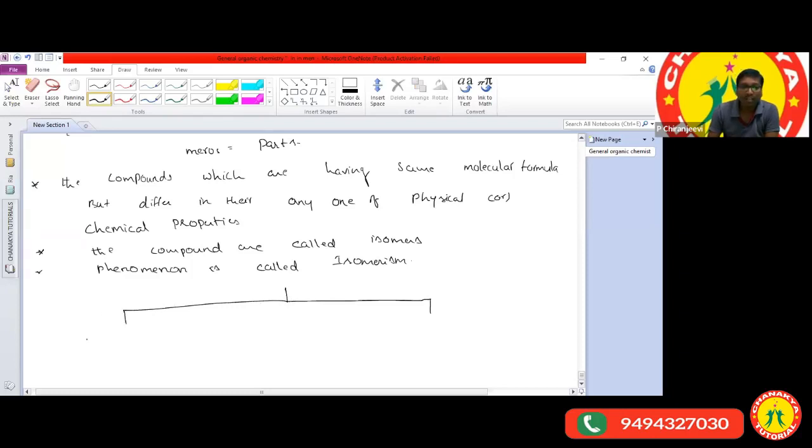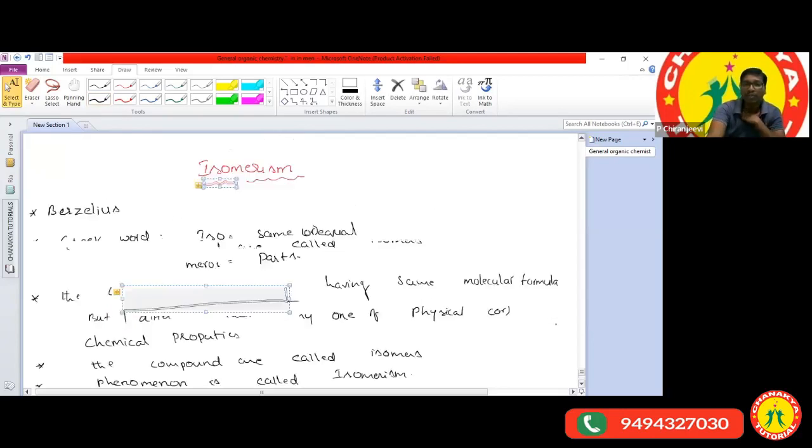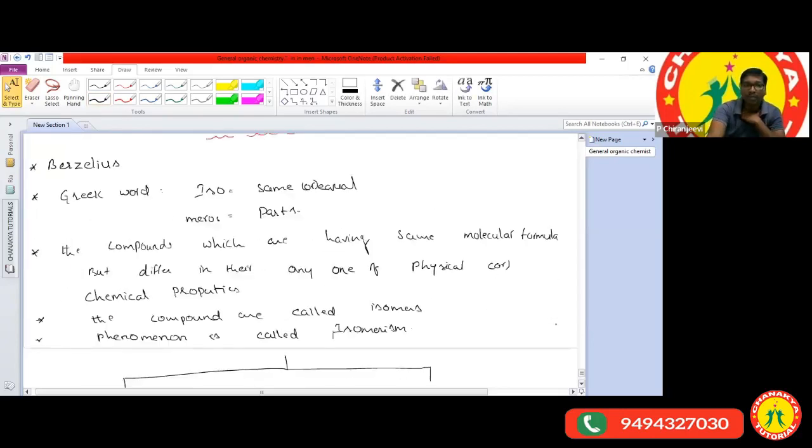One is called structural isomerism, and the other is called stereoisomerism. So isomerism is classified into two types: structural isomerism and stereoisomerism.